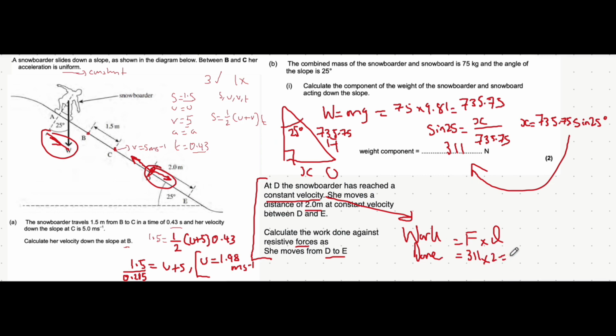That's 2 meters, and that's equal to 622 joules. That's the work done by the weight pushing the person downwards, and that's also the work done against the resistive forces, so that the energy is balanced on both sides and she can move at a constant velocity. If there was more energy going downwards, then she would accelerate, she would speed up, and wouldn't move at a constant velocity. Hopefully that all makes sense.